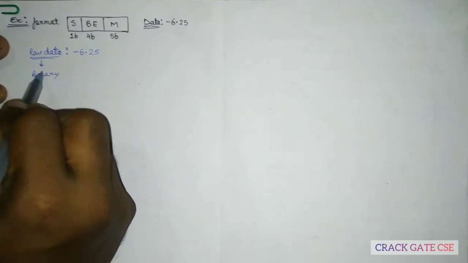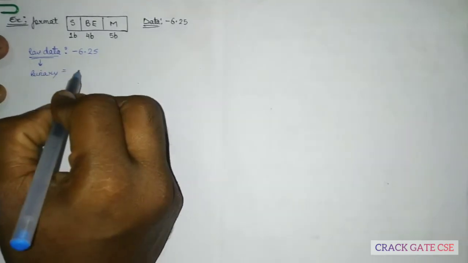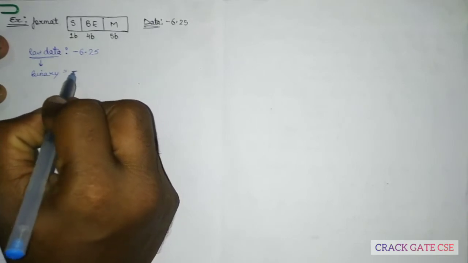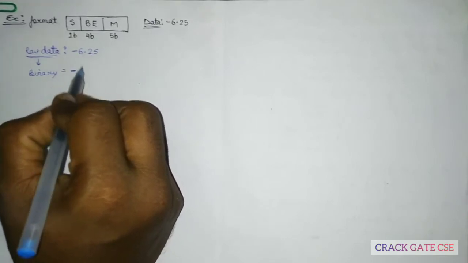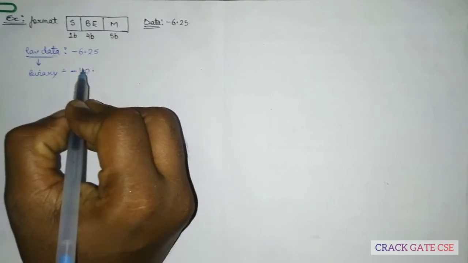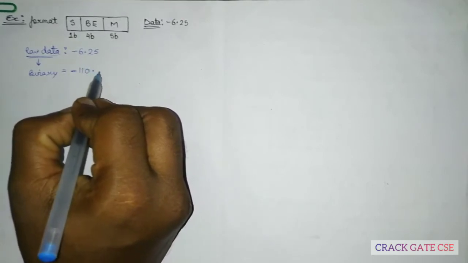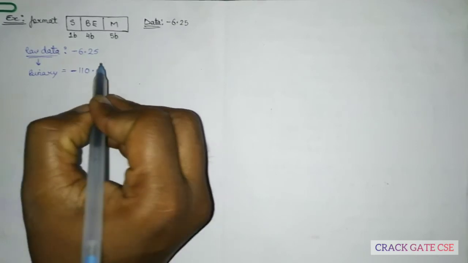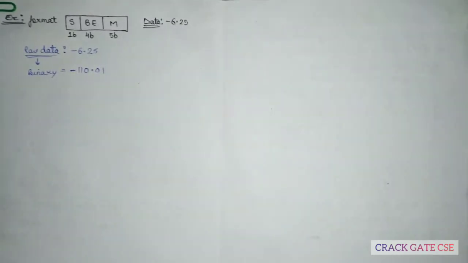So what is the binary format of 6.25? Let's keep the sign as it is, and 6 will be represented as 110 point, and .25 will be represented as 01. This is how you can find the binary value.